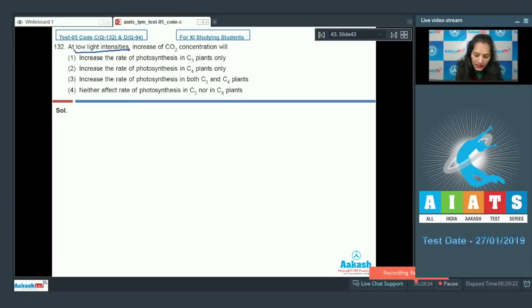At low light intensities, if you increase the CO2 concentration, neither type of plant will respond, neither C3 nor C4. So the correct option for the given question is option number 4. Let's move on to the next question.